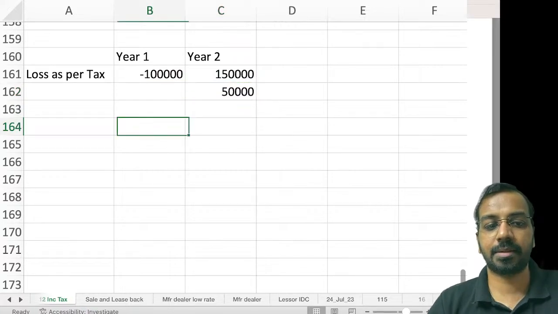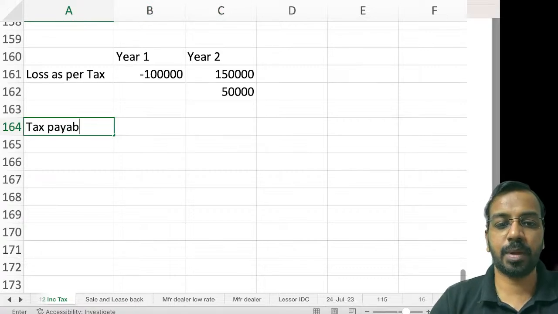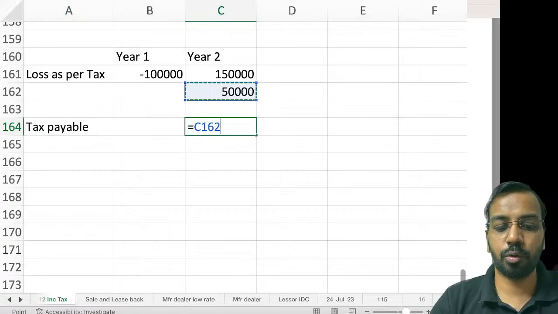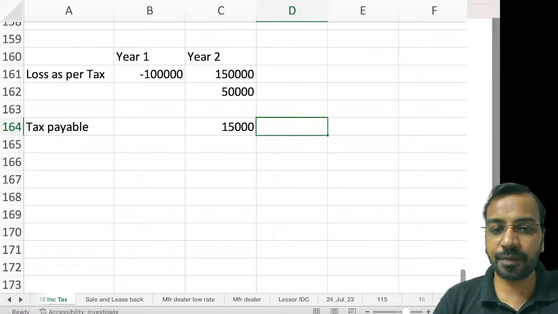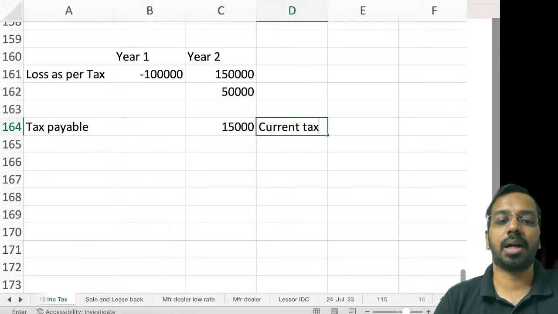So what is the tax? Tax payable will be 50,000 into 30%. This 50,000 into 30% is the current tax.